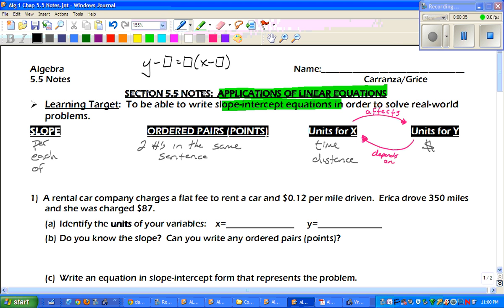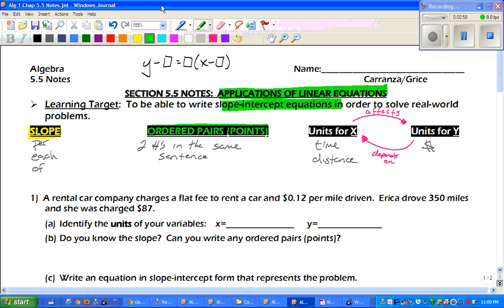Okay, so with these word problems, some of the things that we need to know are some of the words that we're going to need to be looking for. Anytime we're talking about the slope, we're looking at words like per, each, or of. Anytime we see ordered pairs, those are points, two numbers in the same sentence.